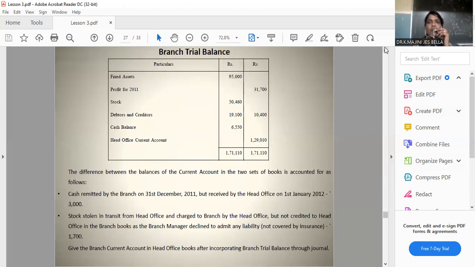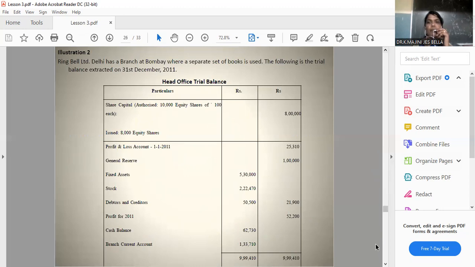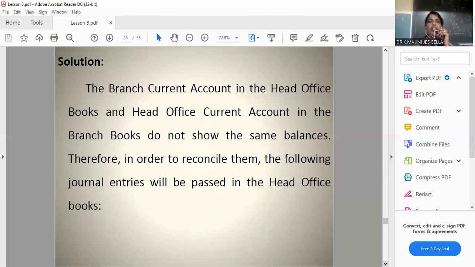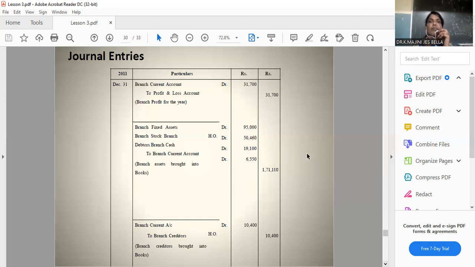See the question, it was mentioned in the branch trial balance, 31,700, right? The journal entry: branch current account debtor 31,700 to profit and loss account 31,700, being branch profit for the year.